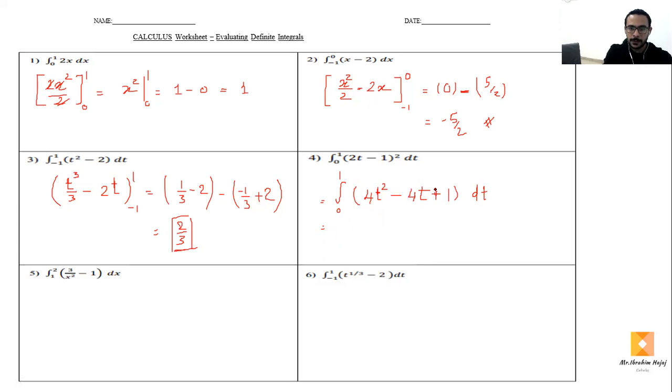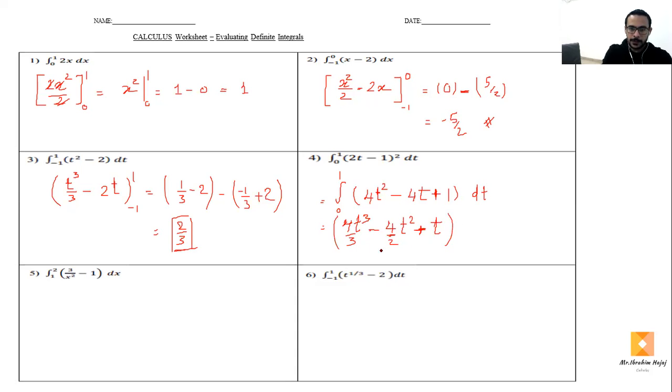The integral is 4t to the power 3 over 3 minus 4t to the power squared over 2, plus t.